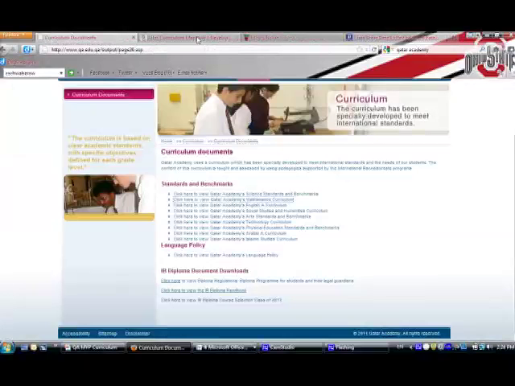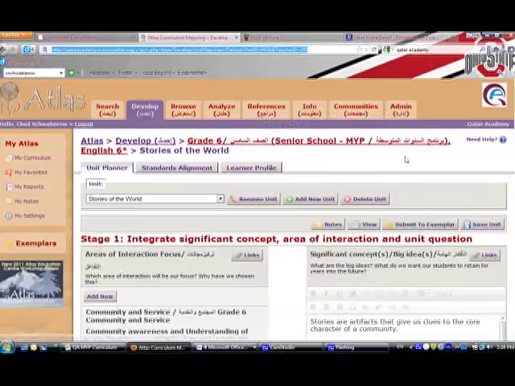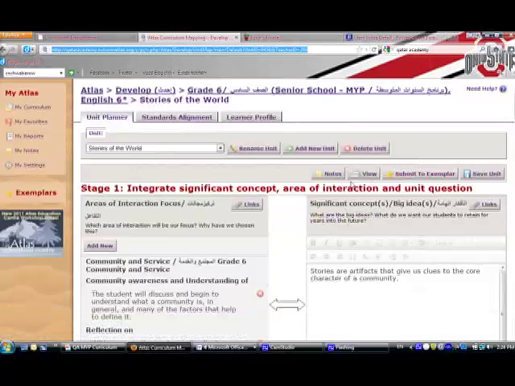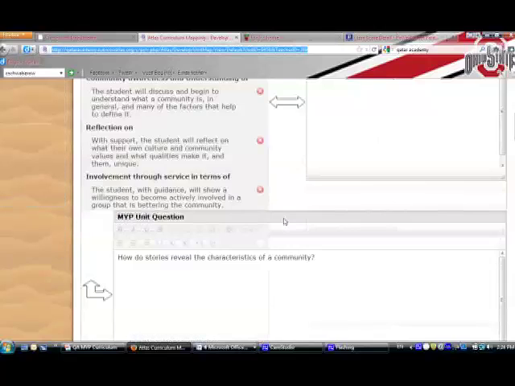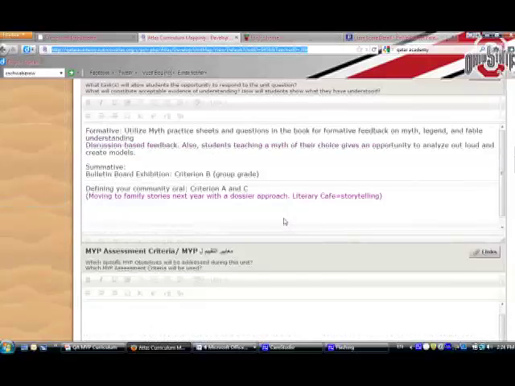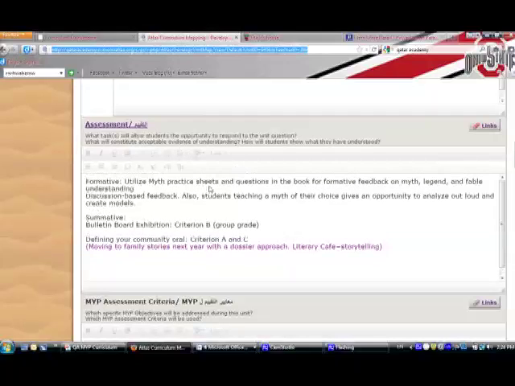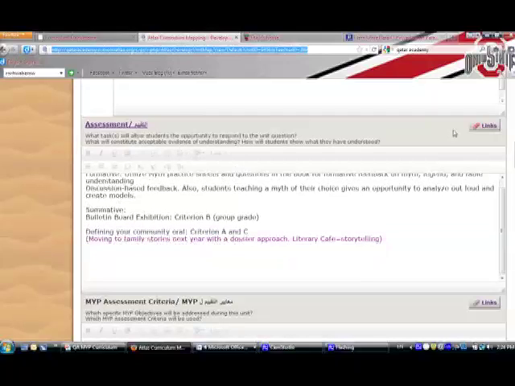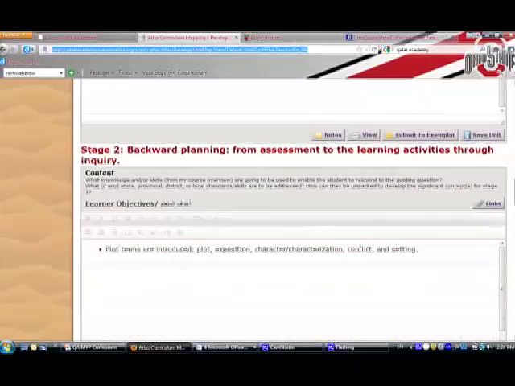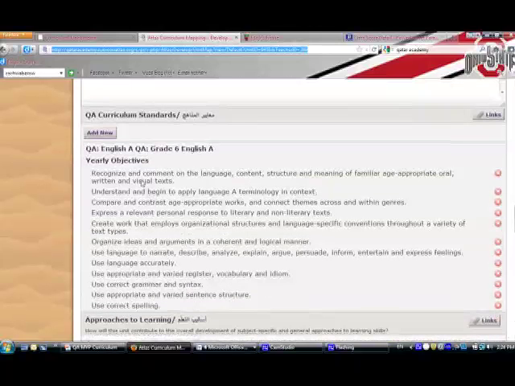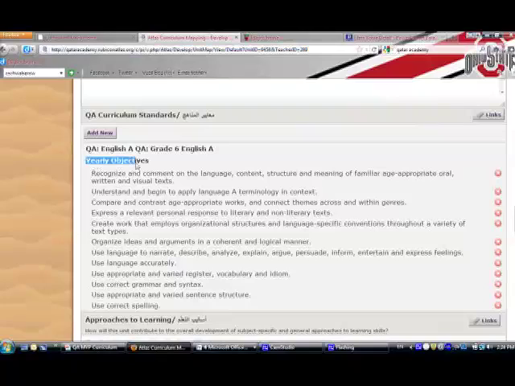Now, in addition to this, for teachers, all units are maintained on the Atlas Rubicon system, and underneath assessment, teachers track exactly how well they are doing at maintaining all of the objectives for each year.